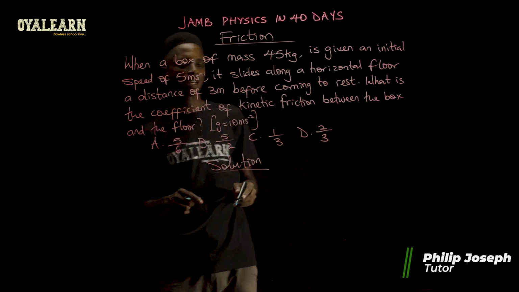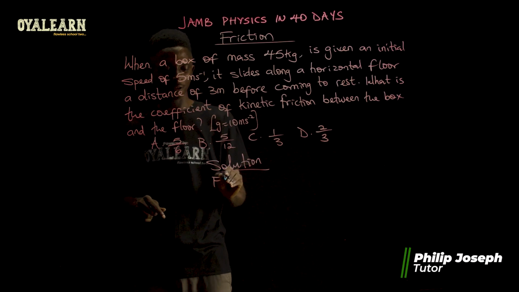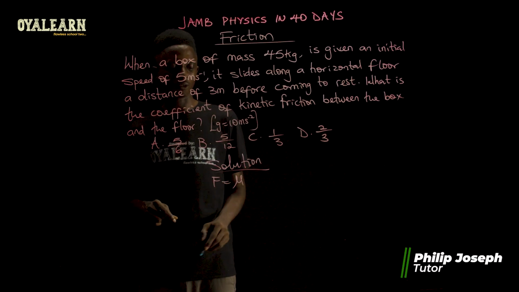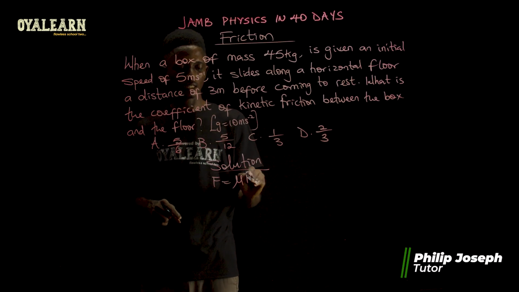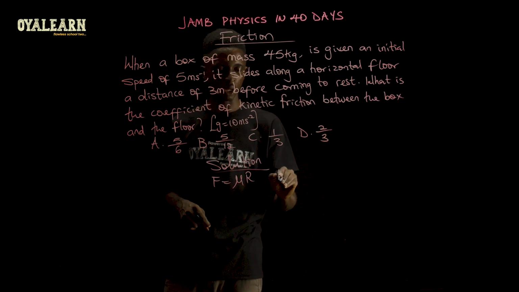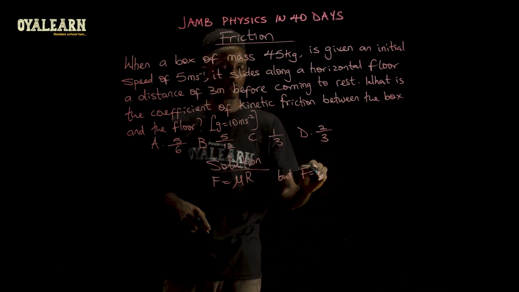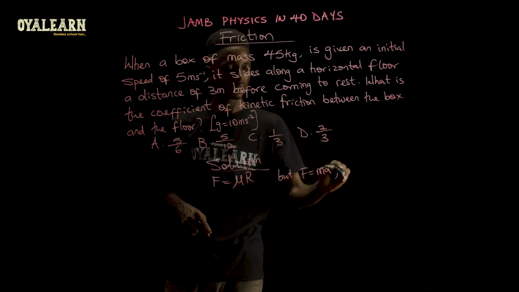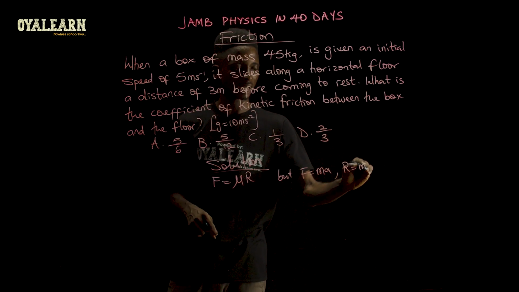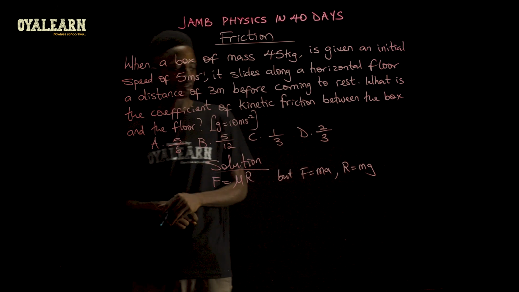Now, in this case here, we're going to apply F equals coefficient of kinetic friction times normal reaction. But we know that F is also mass times acceleration, and normal reaction is mass times acceleration due to gravity.